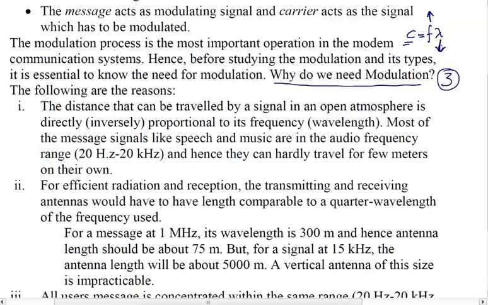So when we say the distance traveled is directly proportional to frequency, it means that if the frequency is more, it will travel that much more distance. As you increase the frequency, it will travel more distance.